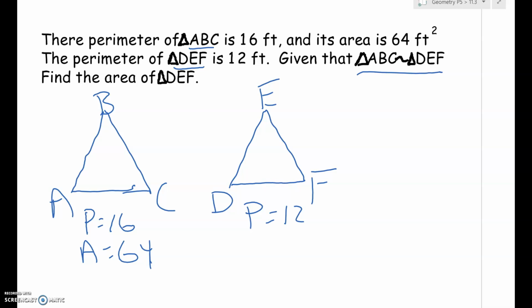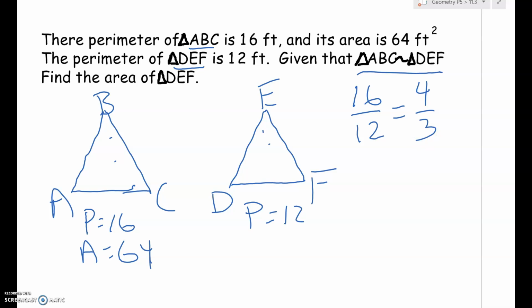So, first thing we want to do, we want to get a ratio of the perimeters, ratio of the sides. It doesn't really matter if I do ABC to DEF or DEF to ABC. So we're going to do 16 over 12. And we need to reduce that. Well, 4 goes into both of those, so that's 4/3.